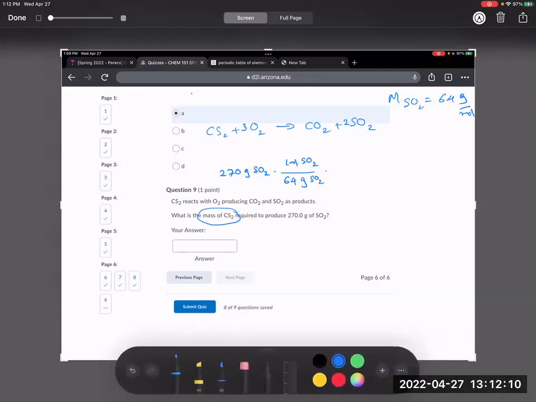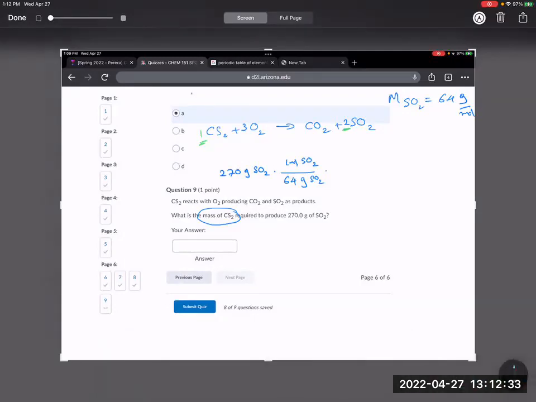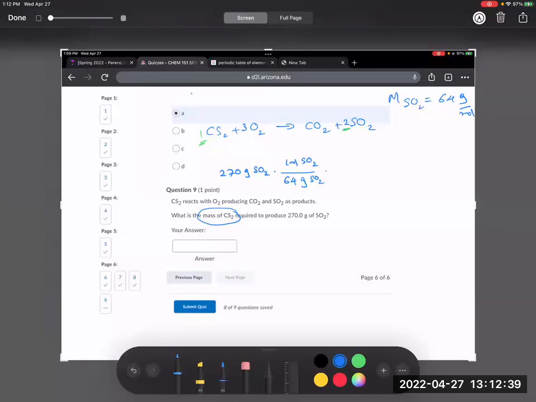We can see in our balanced chemical reaction that to get 2 moles of SO2, I need only 1 mole of CS2. So that is the relationship. Again, the idea is to cancel things out when we set this up, so I'm going to have the moles of SO2 in the denominator.